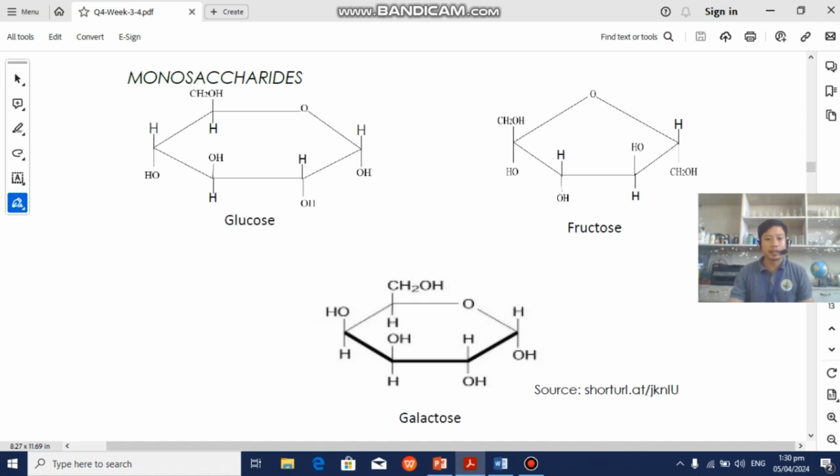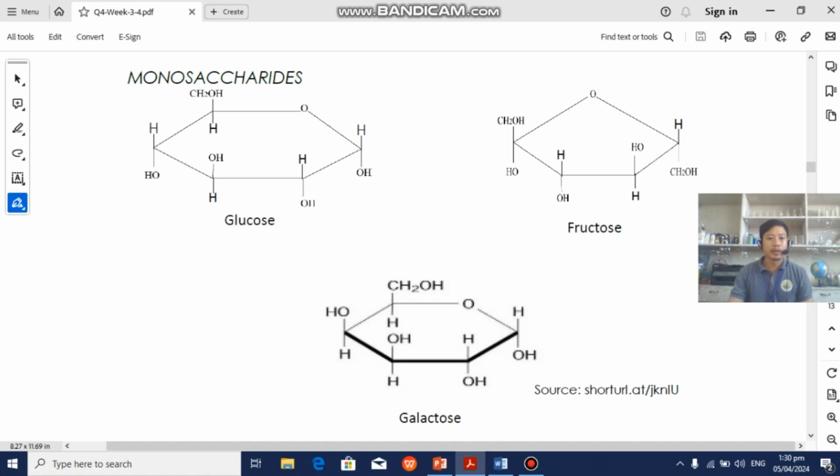Have you noticed that the number of carbons, hydrogen and oxygen from glucose, fructose to galactose are the same?